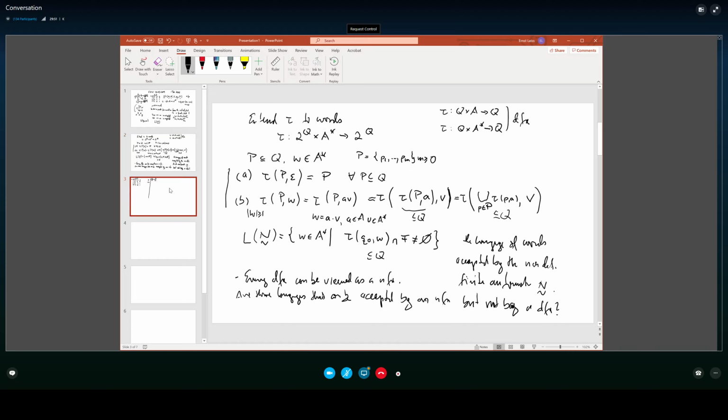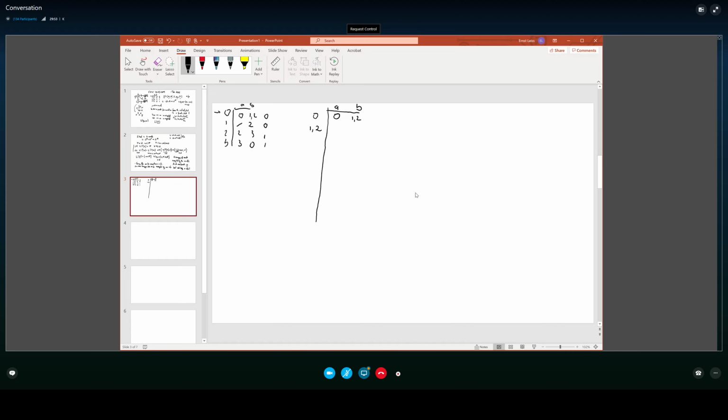So if we look at this in our example, what do we get from 1 under A? Well, we get nothing. And what do we get from 2 under A? We get 2, so we take the union of the empty set and the set containing 2, and that gives me the set consisting of 2.